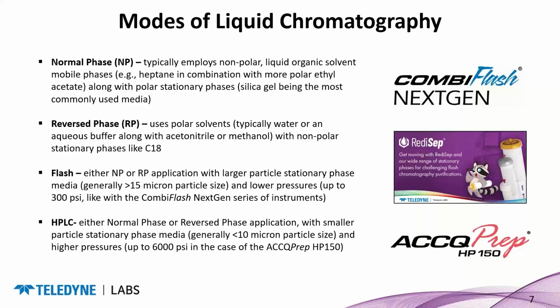Reverse phase mode has also become popular, and it's called reverse phase because it's kind of the opposite of normal phase in the sense of how the solvents are used. In this case, you've got a non-polar stationary phase like C18, which is probably the most commonly used reverse phase stationary phase, and you're using polar solvents like water and mixing those with less polar solvents like acetonitrile or methanol to do chromatography.